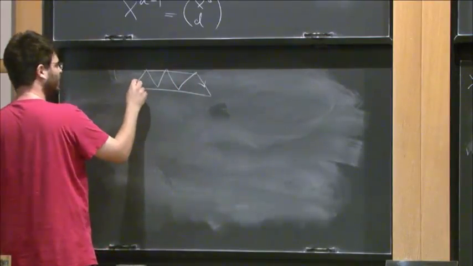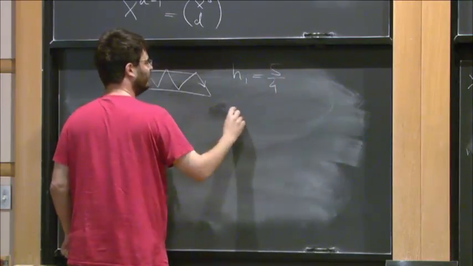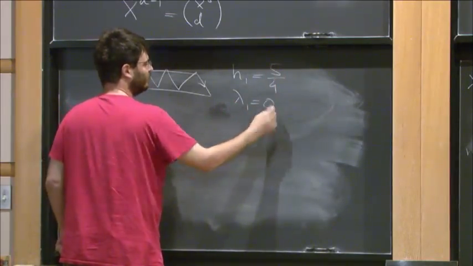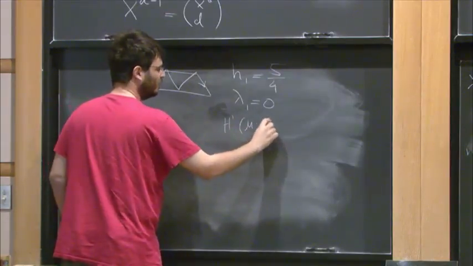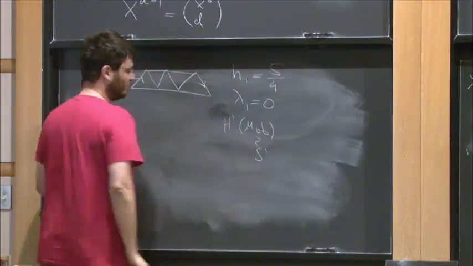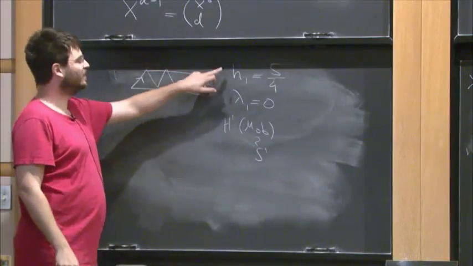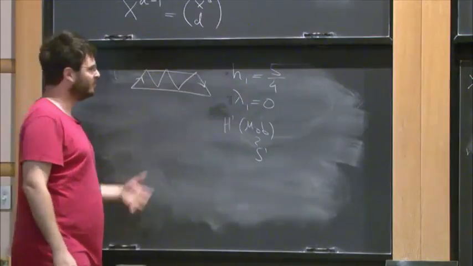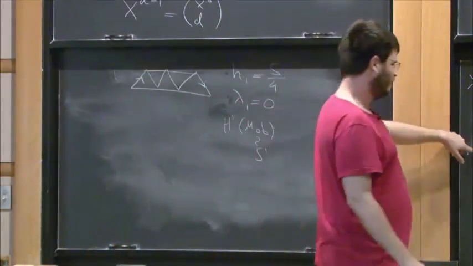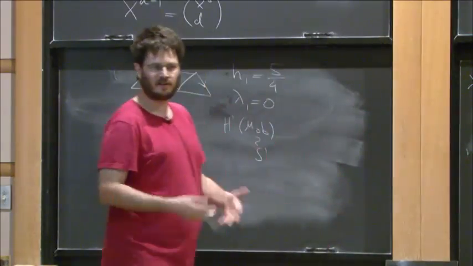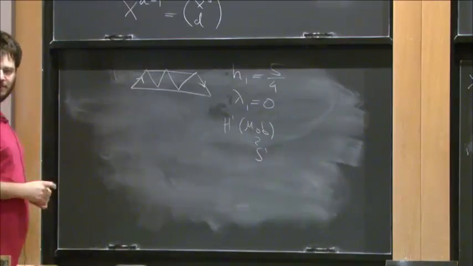The Möbius strip has h_1 nonzero and lambda_1 equal to 0, because the homology of the Möbius strip is like that of a circle, which is non-trivial. So I have non-trivial first homology, and this you need to compute, and it's not 0. So things will not be as nice as in the graph case. You won't have something like this, but we have numerical evidence to suggest that yes, there should be something here.